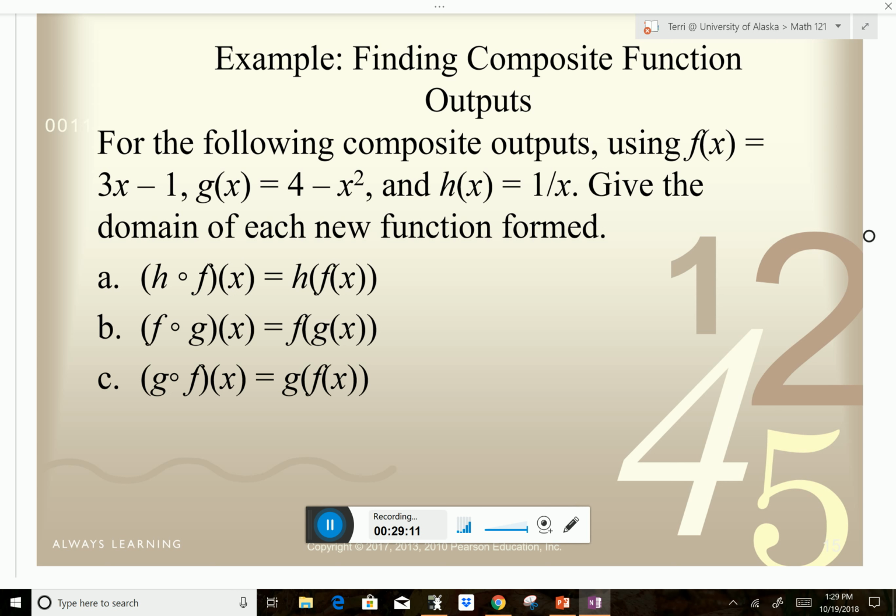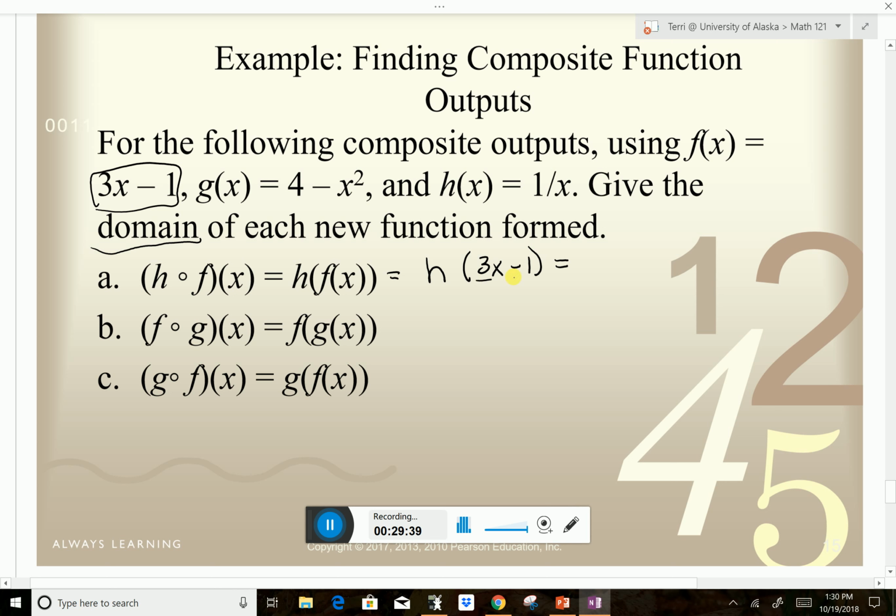We want h of f of x, and we're going to also talk about the domain of the new function. So first we put f of x. So f of x is 3x minus 1. So what we have is h evaluated at 3x minus 1. h of x takes x and takes the inverse, 1 over x.